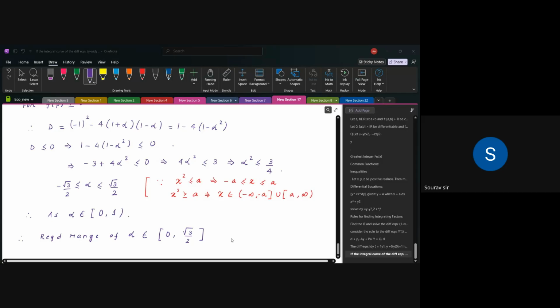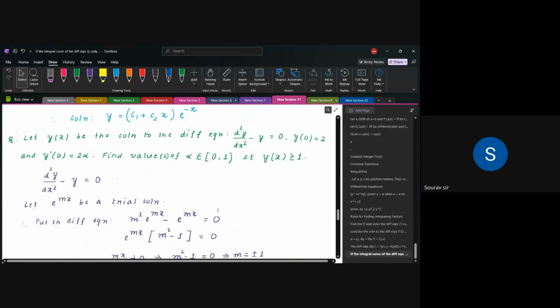Okay. So this is the range of alpha for which your y of x will be greater than or equal to 1.